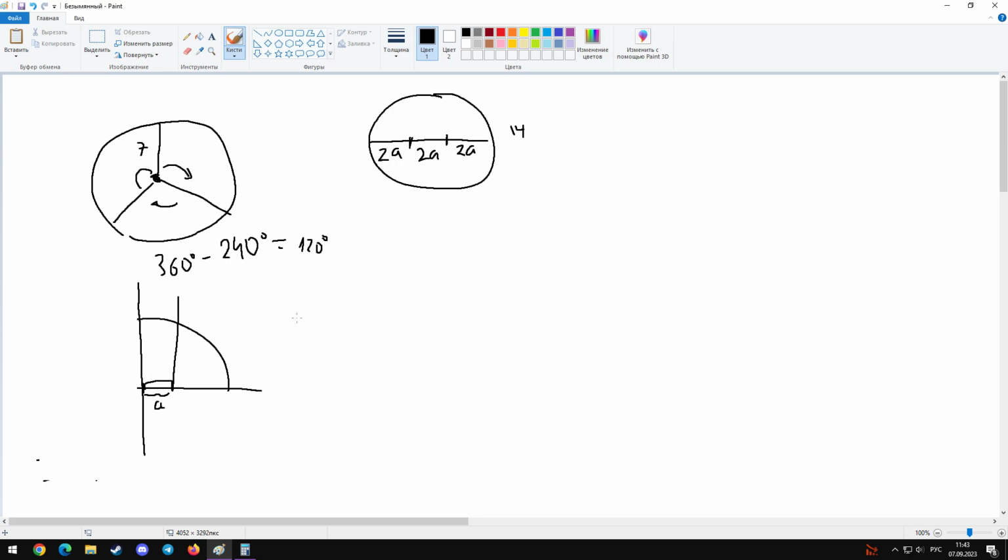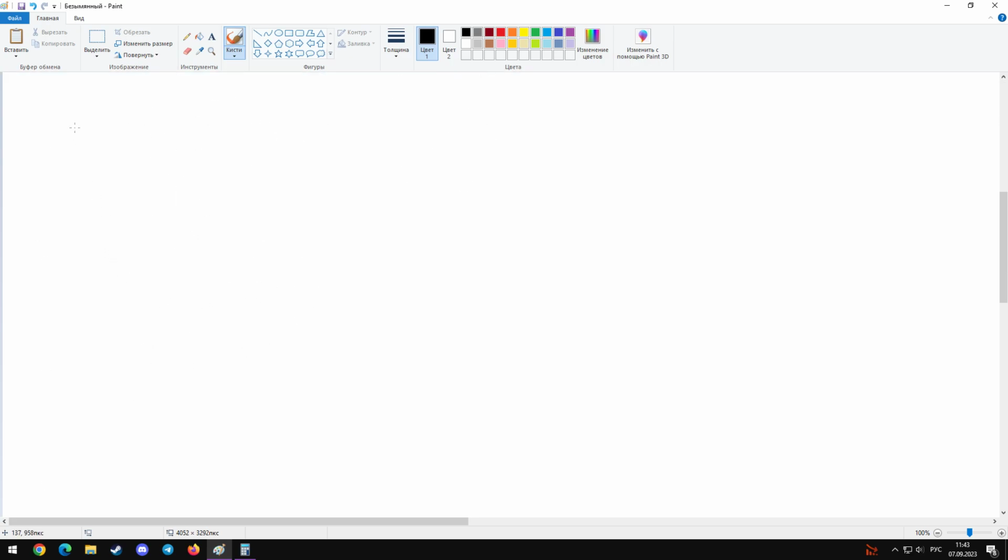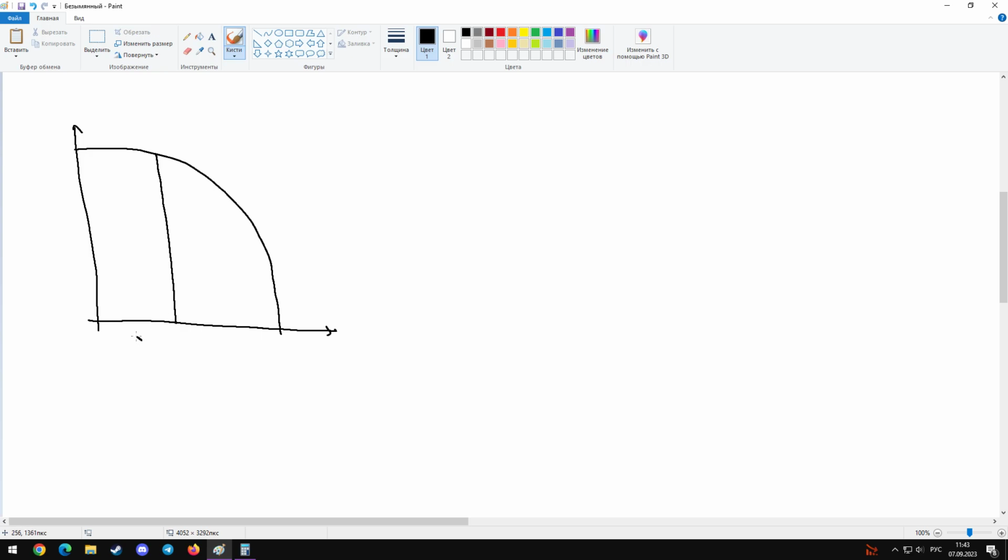What should we do? At first, let's draw a normal, beautiful quarter circle. Okay, that's a quarter circle. And our line goes somewhere here. It's our A, right? So let's put a line like this here, and this is our radius. So that's our radius 7.